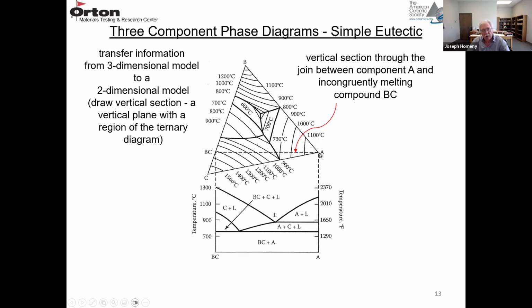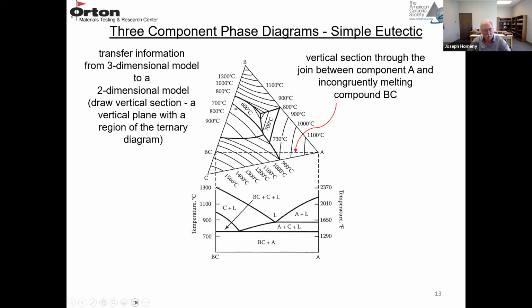So this diagram has component A, component B, and then component C. But on this side, there's a compound BC. So we're drawing a vertical section from this compound BC to A. This happens to be an incongruent melting compound.